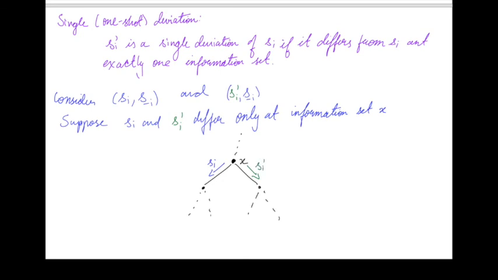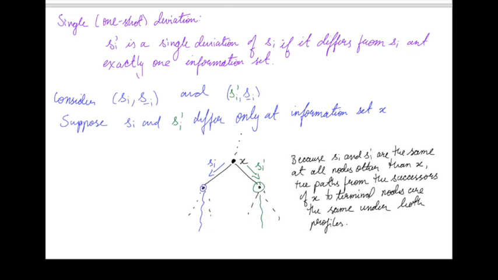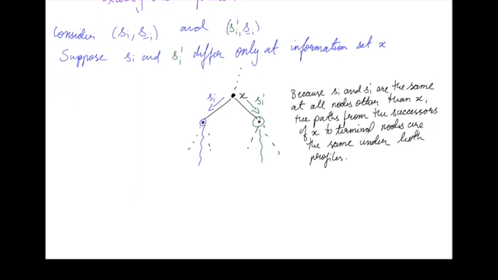Now, because these are one-shot deviations, the path from this node to a terminal node is going to be the same under both profiles. Similarly, the path from this node down to a terminal node is going to be the same under both profiles. So the way the game is going to proceed from either of these successor nodes is going to be the same under both of those profiles. This means that the continuation values are going to be the same.